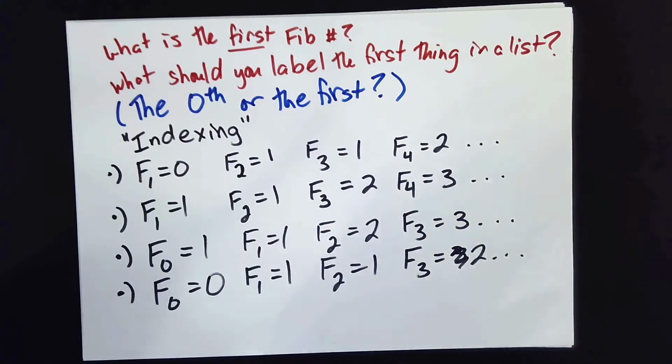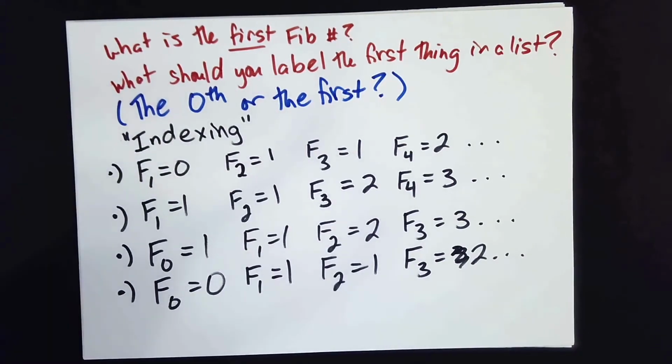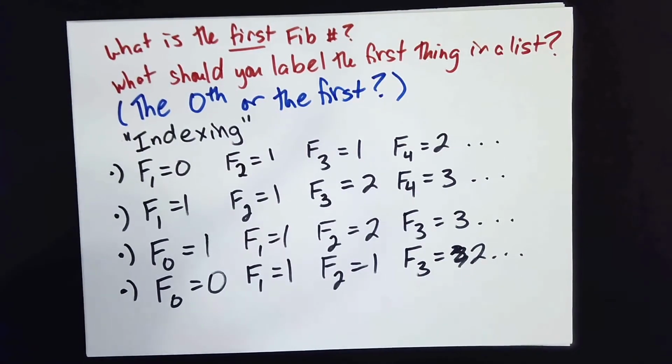So just be aware, anytime you have a sequence, you're going to start seeing this kind of thing. And if you happen to take linear algebra last semester, then you might have seen that people do this with vectors too, or matrices. What's the upper left entry of a matrix? Is it the 1, 1 entry, or is it the 0, 0 entry? And so on and so forth.